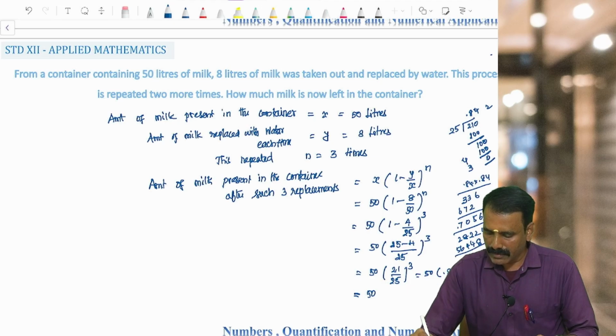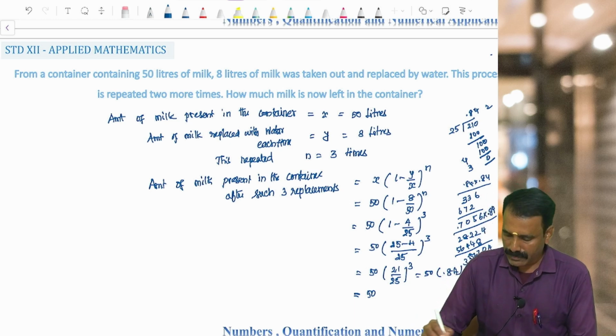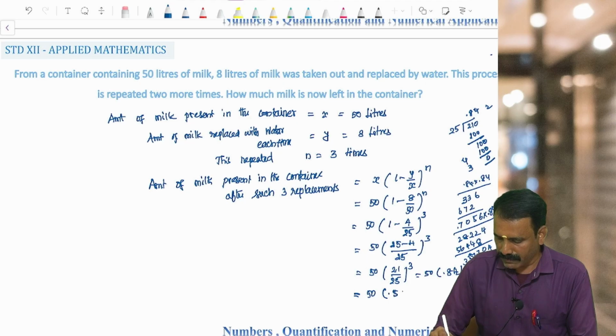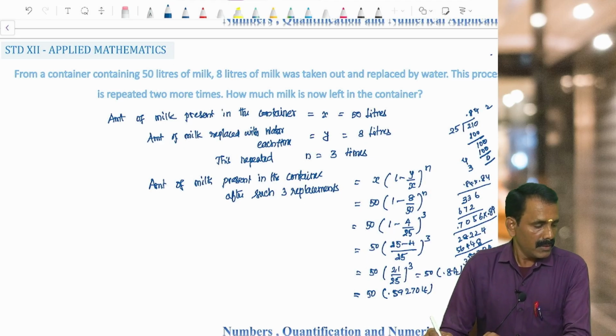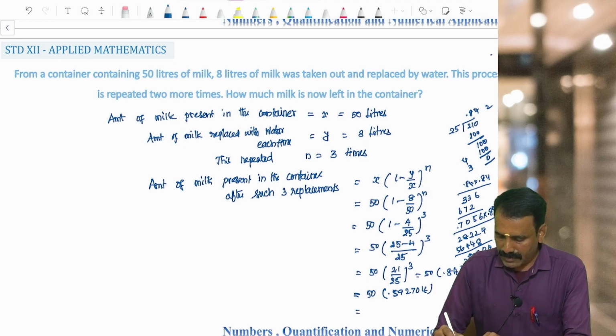We add now. 4 0 7 2, balance 1, 8 9. 0.59274. So it is 0.592704. And we multiply 50 with the 0.592704, and it happens to be 29.6352. So this is the final answer.